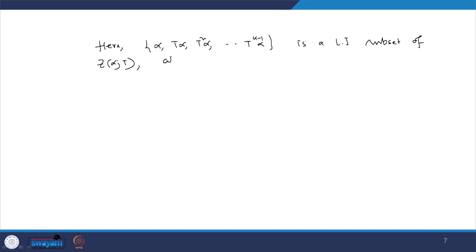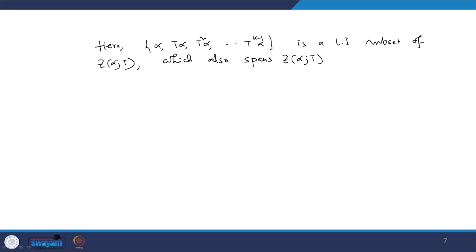Here also we can see that alpha, t alpha, t square alpha up to t^{k-1} alpha is a linearly independent subset of Z(alpha; T), which also spans the subspace Z(alpha; T).